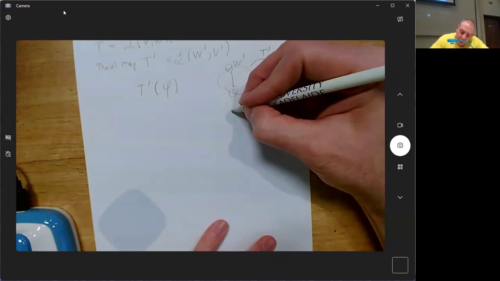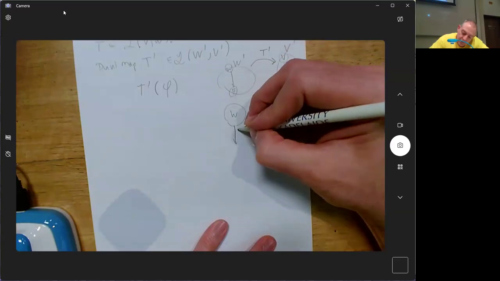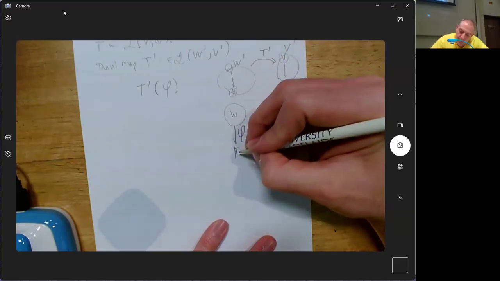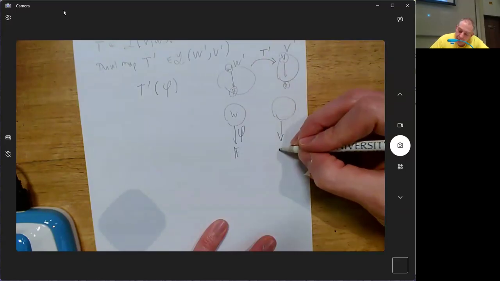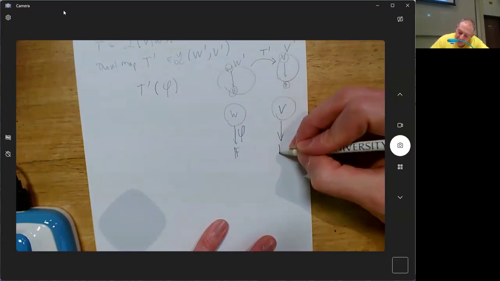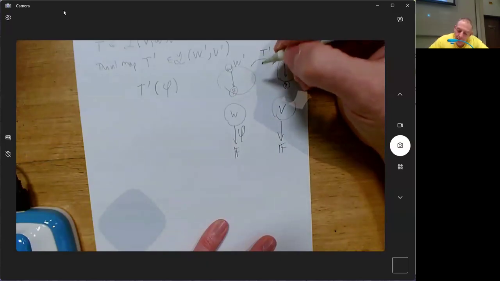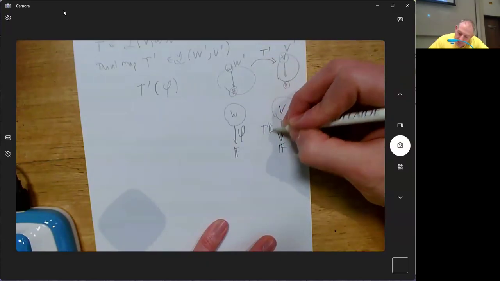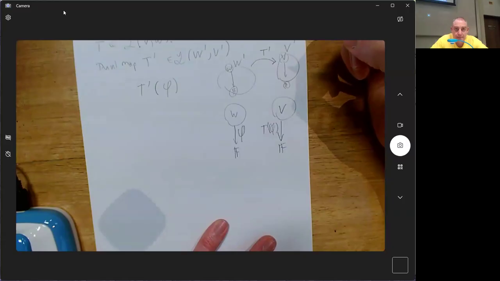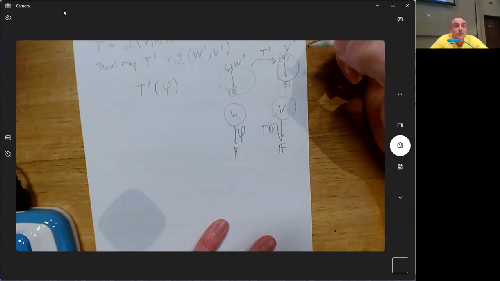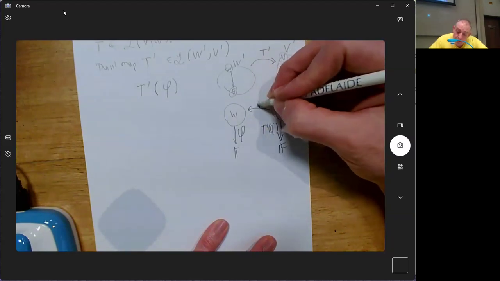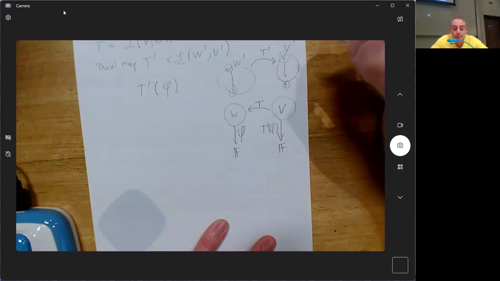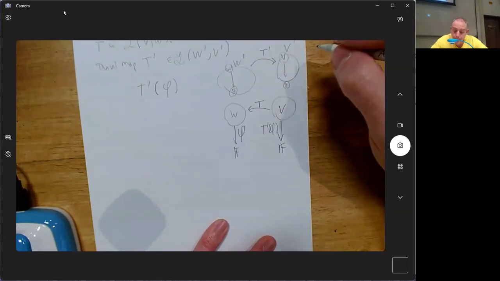So when you have a function from W to the field, which is called phi, you can create a new function that goes from V to the field, and this is T dashed of phi. And there's a way of doing that. I know there's a way of getting from V to W via T. So look at this.